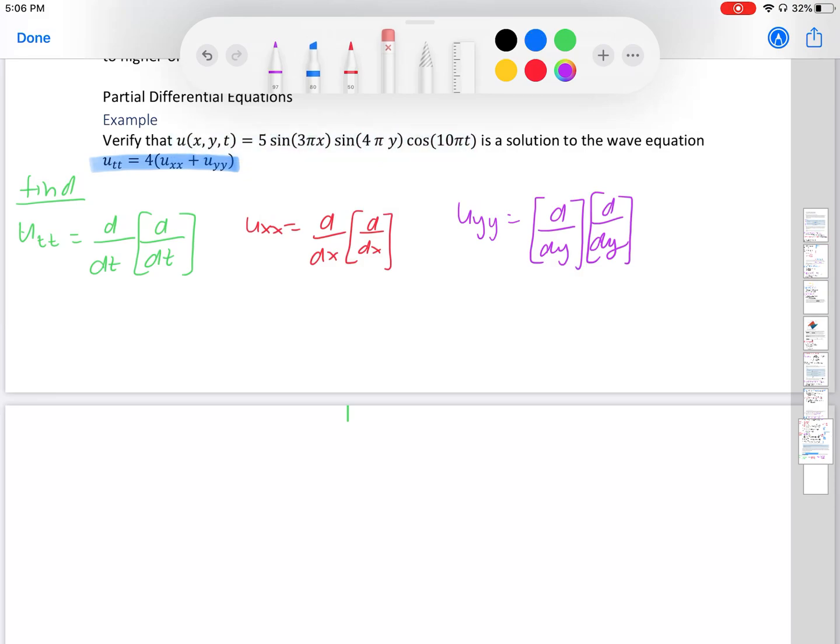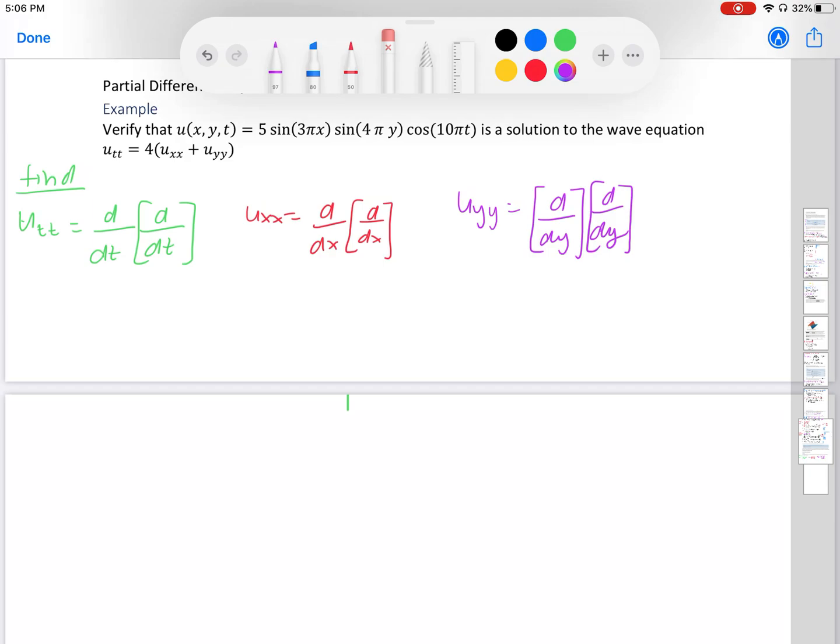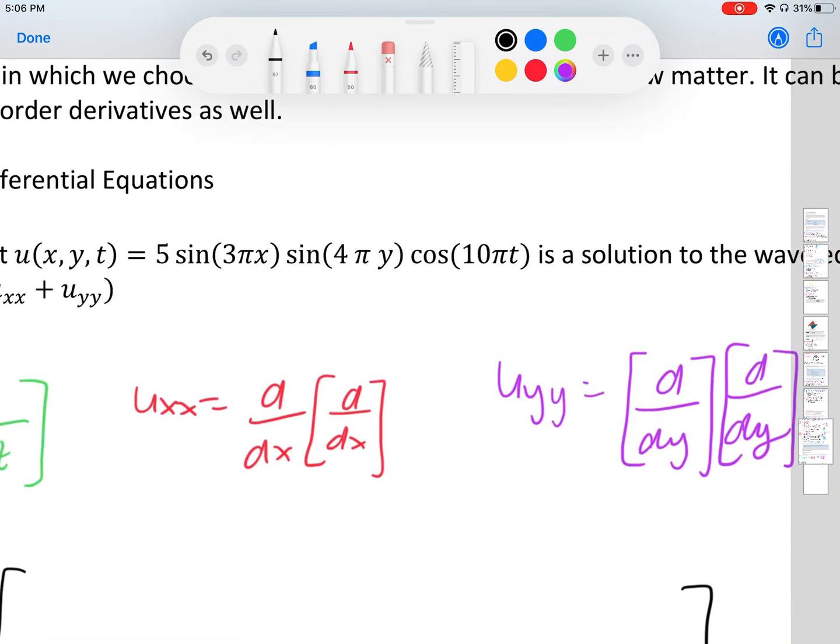Okay, so let's go ahead and apply those. Let's start off by finding, well, whichever one catches your eye first. I think I started with x. So let's find the derivative in x twice. So let's take the derivative. In our function u of x, y, t, we only have an x here. Everything else is a constant, but it's being multiplied, so it's not like it's being added, which is different.